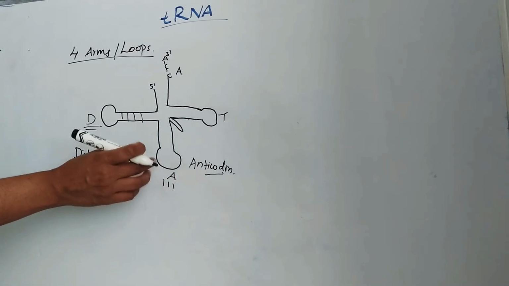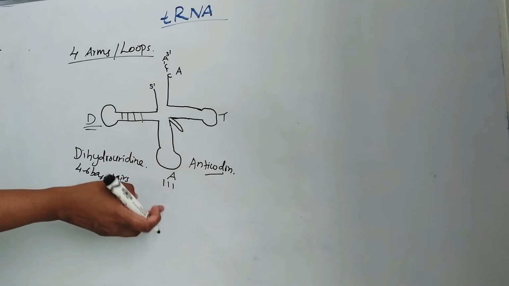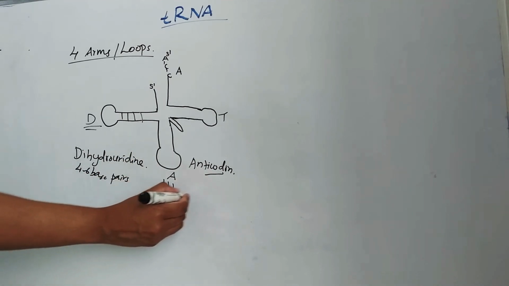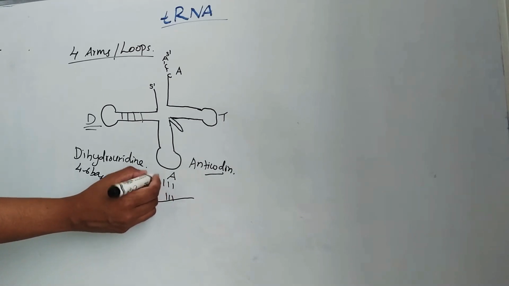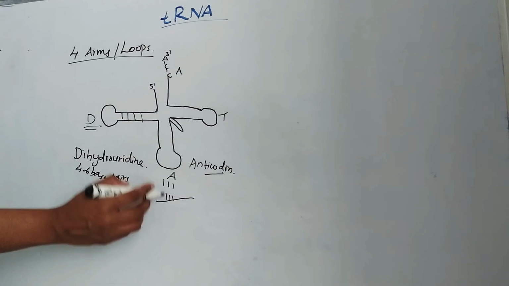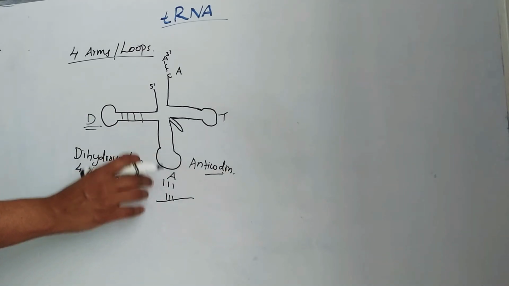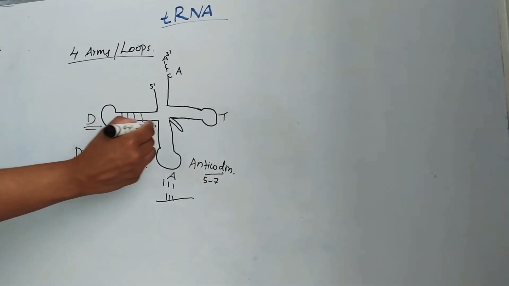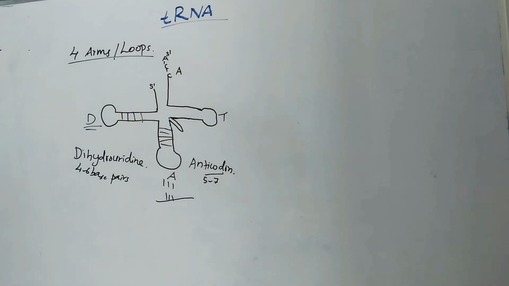The bases of the anticodon in tRNA are hydrogen bonded with 3 complementary bases of codons of mRNA. This anticodon arm contains 5 to 7 base pairs.